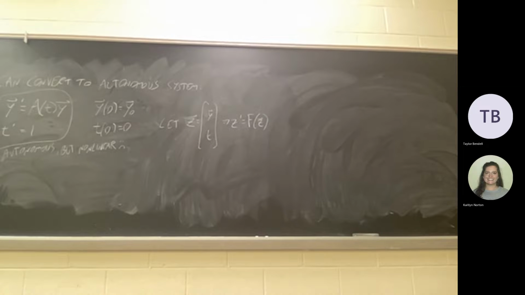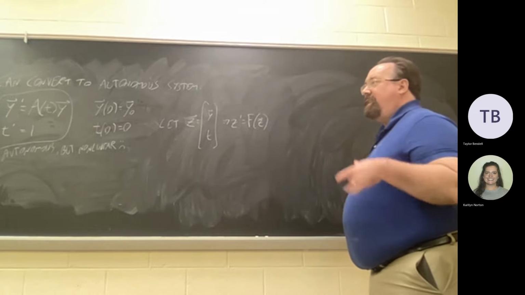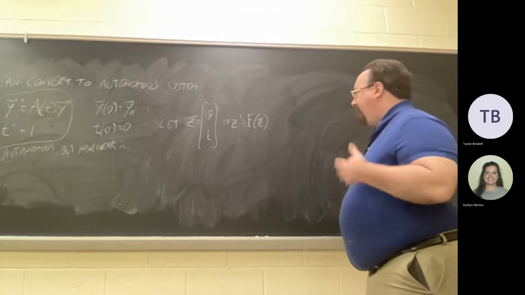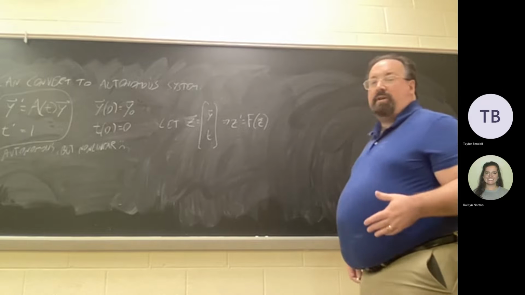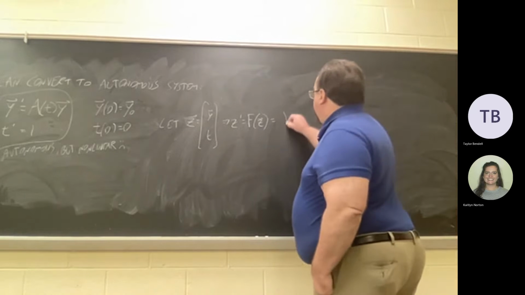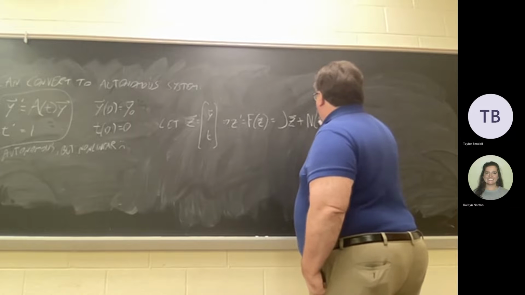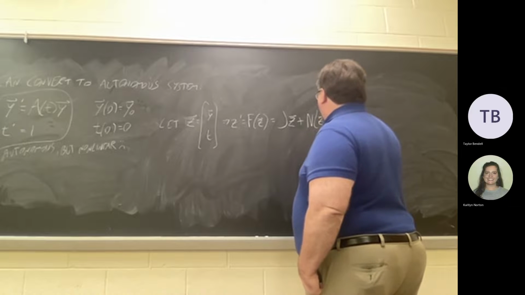So although f is a nonlinear function of a variable z, in other words, the variables y and t, I can try to linearize it. So at least I can break f down into a linear part and a nonlinear part. So I want to write it as J z plus some function N of z.